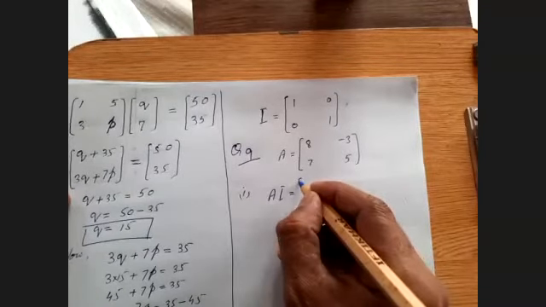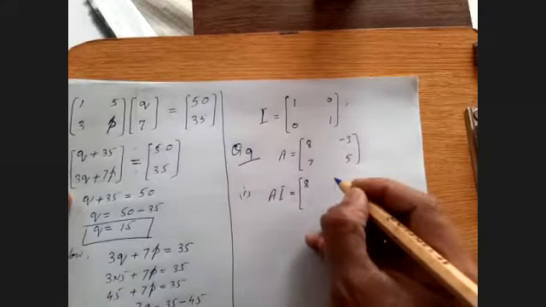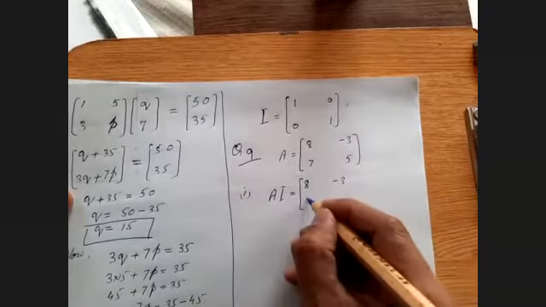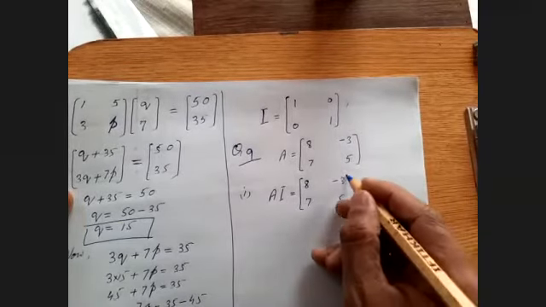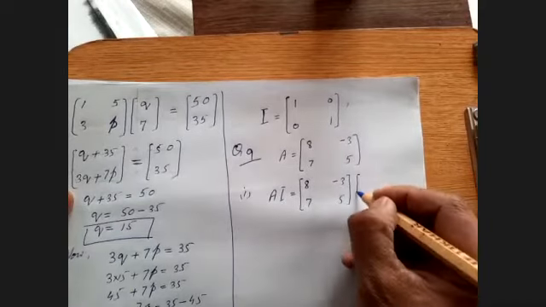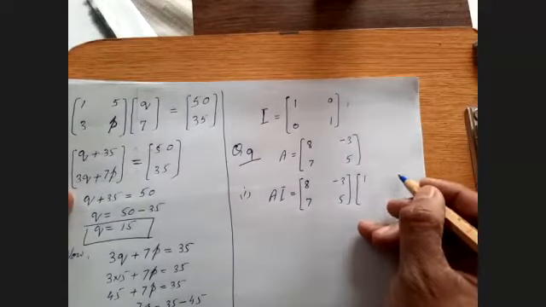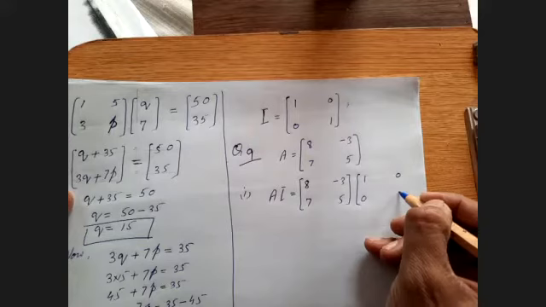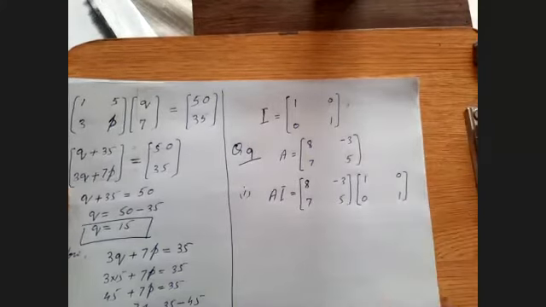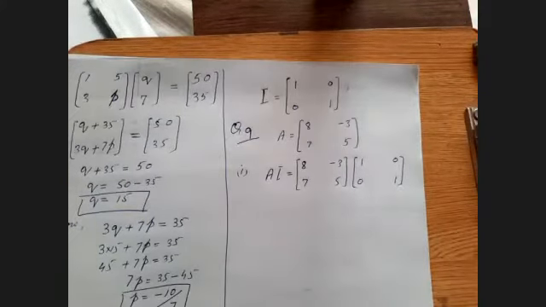First I am writing the matrix A, which is 8, minus 3, 7, and 5, and then the identity matrix 1, 0, and 0, 1. Again, the same rules of multiplication will be applied.